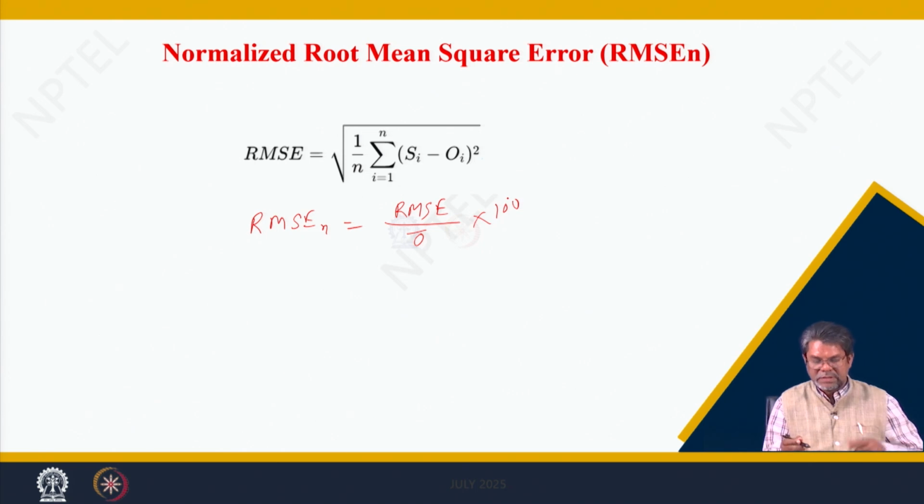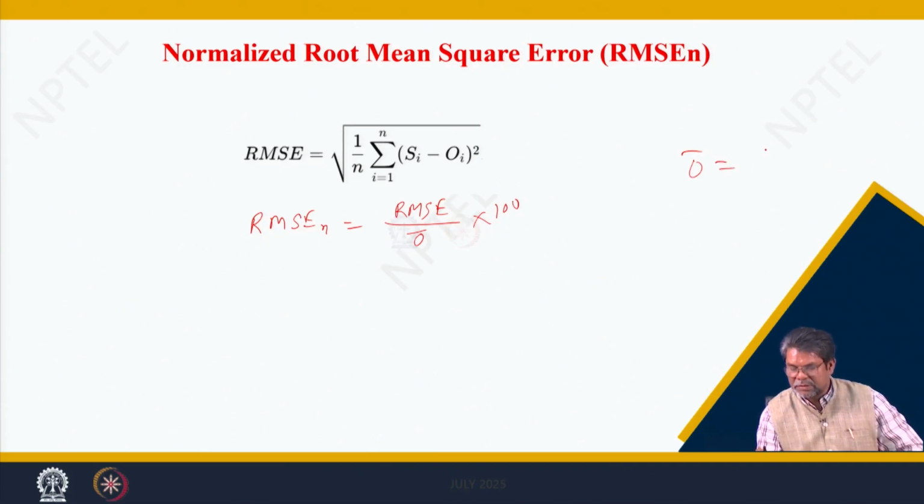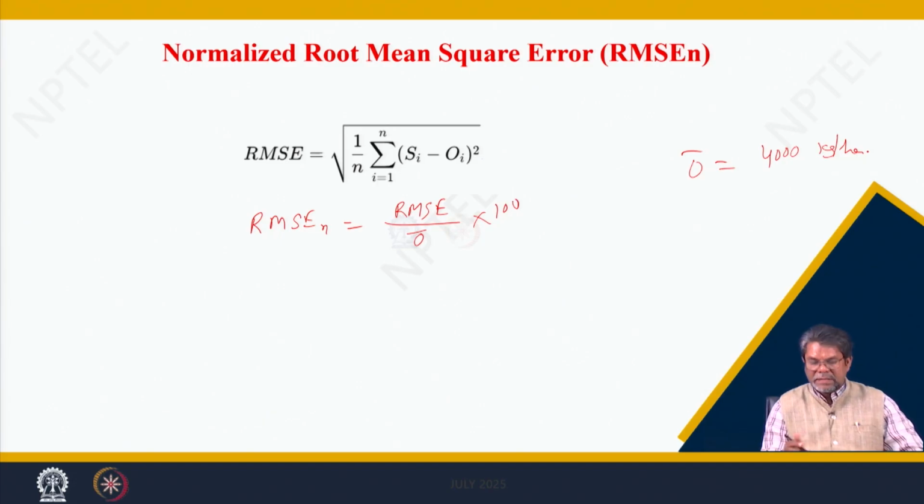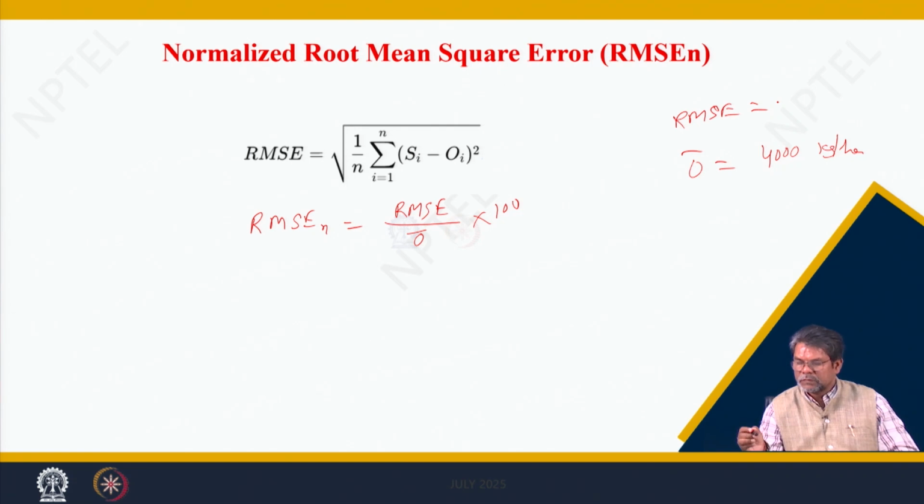If you have the 6 data points, you know the mean of the values. Suppose you are given rice yield, and O bar, the mean, is around 4,000 kg per hectare, the mean yield, and the root mean square error RMSE is equal to 100 kg per hectare.